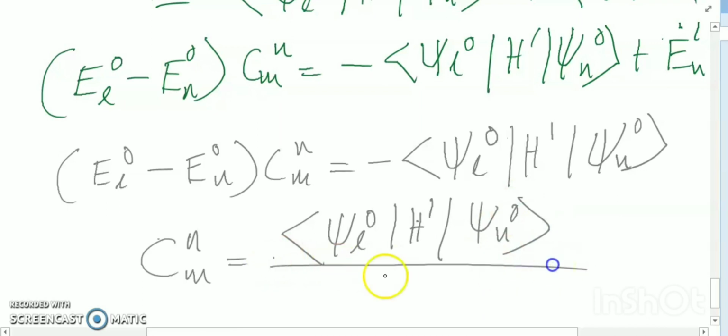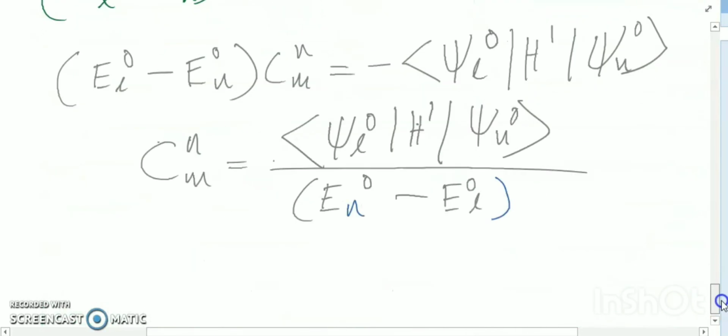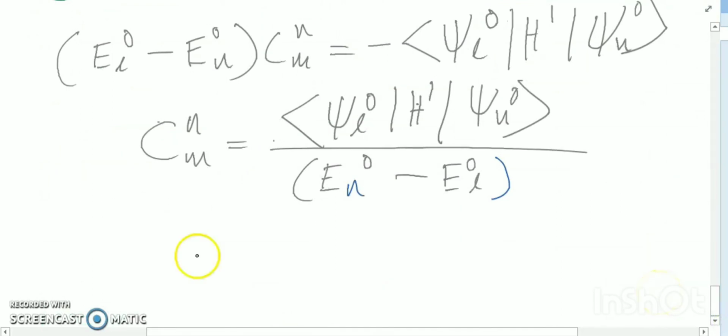So c_mn equals psi l0 H prime psi n0 divided by E l0 minus E n0, where this index is n. I am putting this value in.